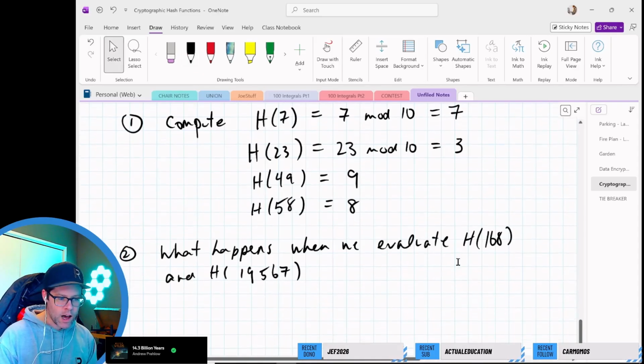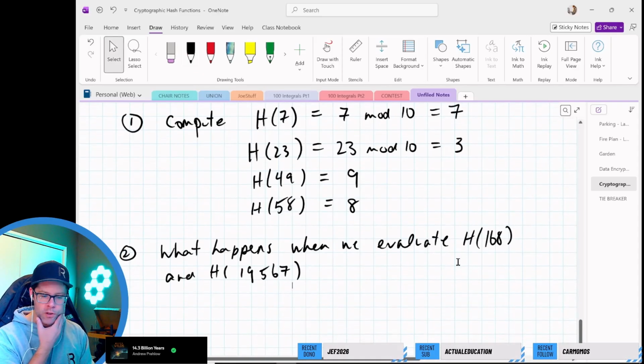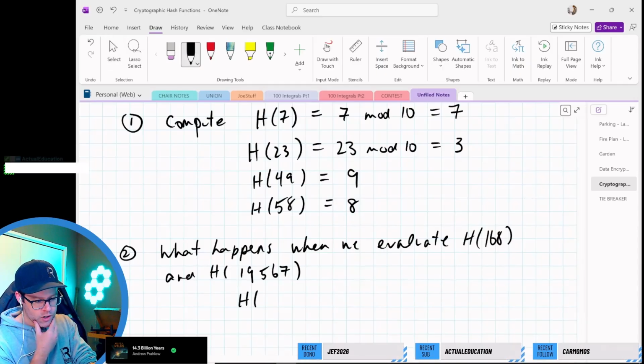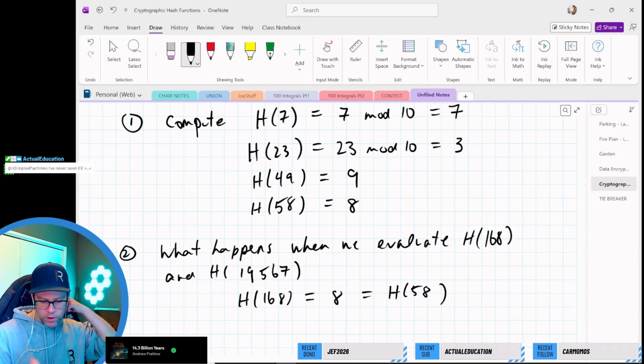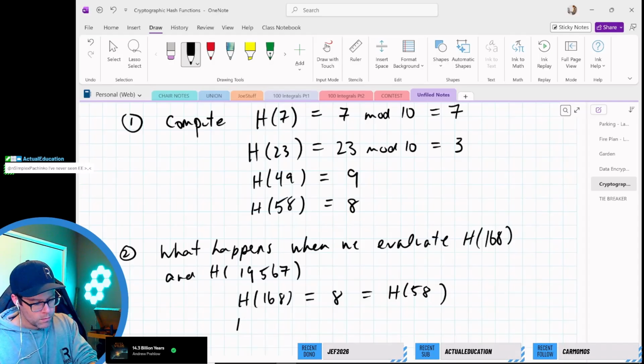But these are going to collide with some of the previous inputs that we have. So we know that h of 168 should be sent to the number 8, but this is also equal to h of 58, right? So now I have two inputs that have collided and given me the same output. Similarly, with 19,567, that's going to be sent to 7, and that's going to be similar to h of 7.